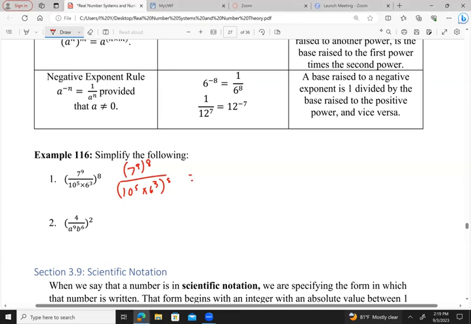So this is 7 to the 9 times 8, which is 72. This is 10 to the 5 times 8, 10 to the 40th, times 6 to the 3 times 8, 6 to the 24. I think that's all we want.